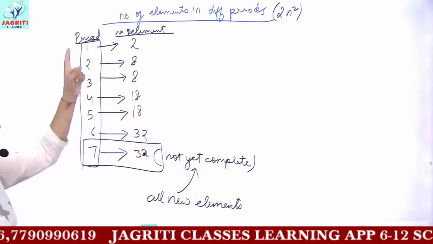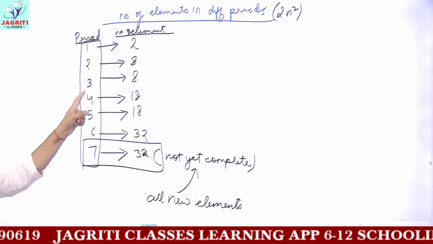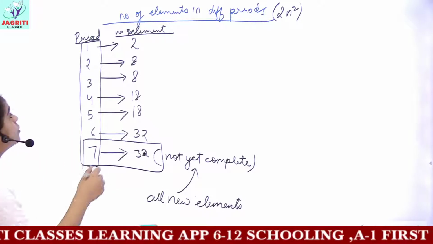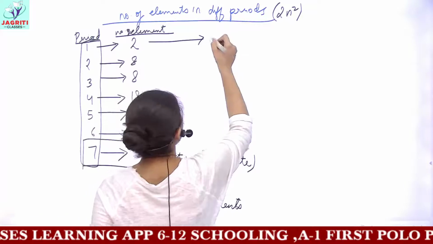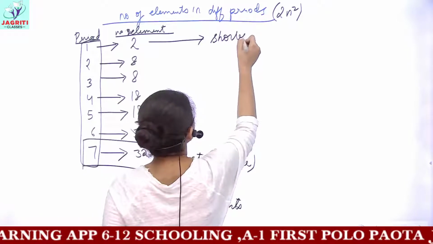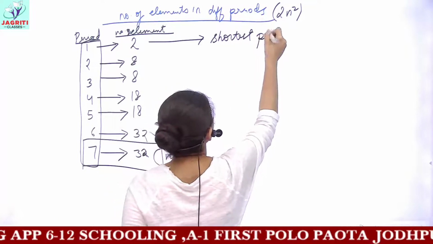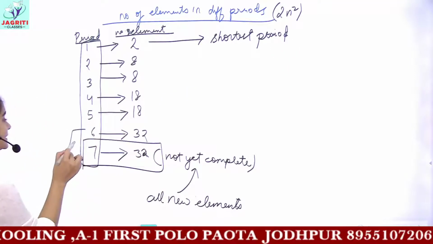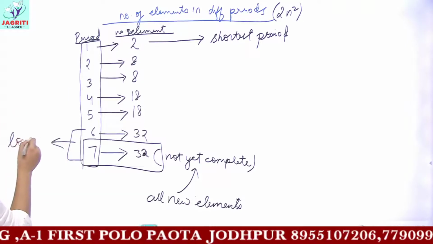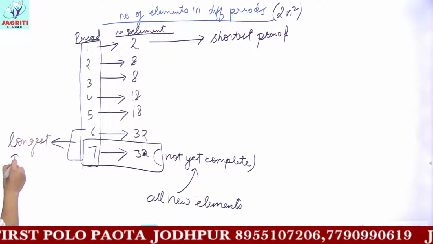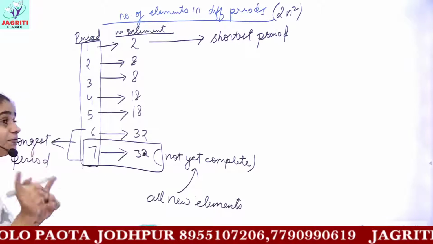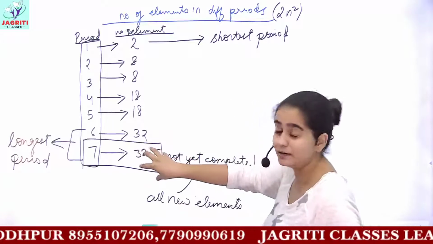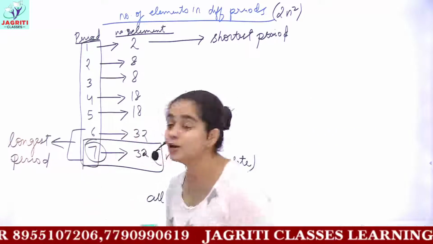Okay, so in the first period you have 2 elements, in the next you have 8, and further in the 6th and 7th period you have 32 elements. So the first period can also be called the shortest period, because you have the minimum number of elements in it, while the 6th and 7th periods are referred to as the longest periods of the periodic table. If in future new elements are discovered and placed in the 7th period, then the 7th will become your longest period.